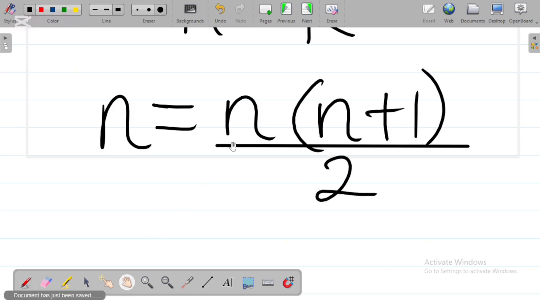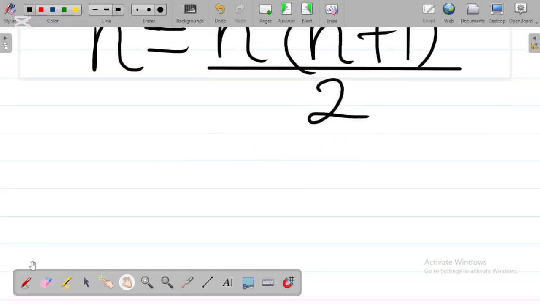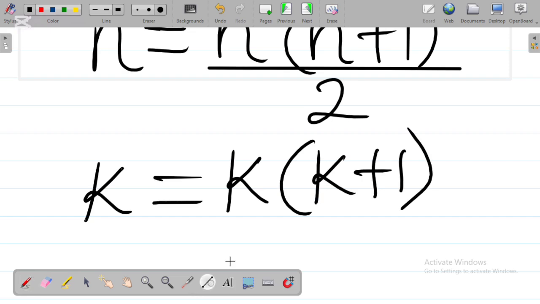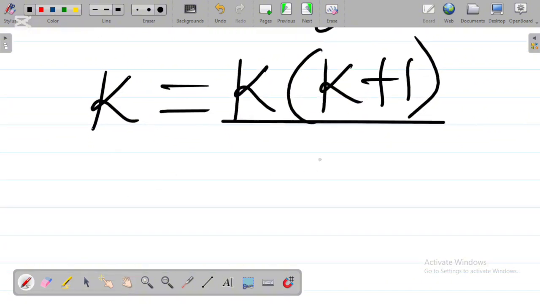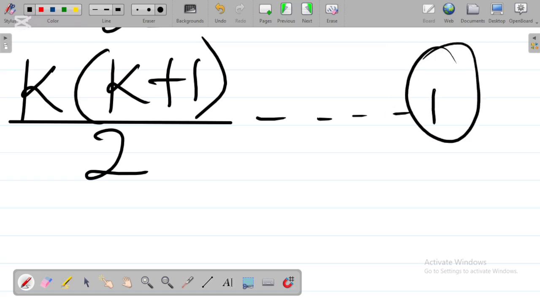So if we substitute n as k into this equation, we would have k is equal to k open bracket k plus 1 all over 2. All right, so let's call this equation 1.